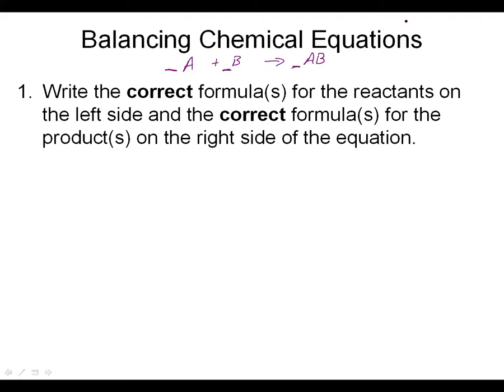Again, for example, if you have something like water, you would never want to change that number there because then it would no longer be water. You also don't want to do anything weird that sometimes people do, like I'm just going to throw a big number in between and hope for the best. So don't do any of those things. Again, the only thing that you should change is the coefficients.